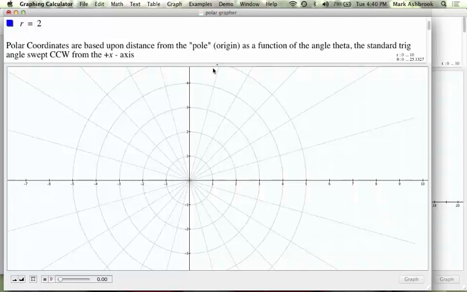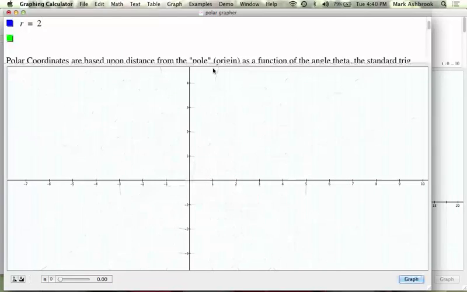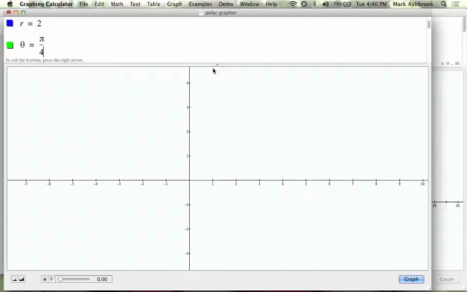What about theta equals pi over 4? If you were to graph theta equals pi over 4, what would that look like? Would it be a curve, a line, a point, a circle? Yeah? Be a straight line on this pi over 4 radial line? Yeah. So would it be a line extending infinitely in two directions?